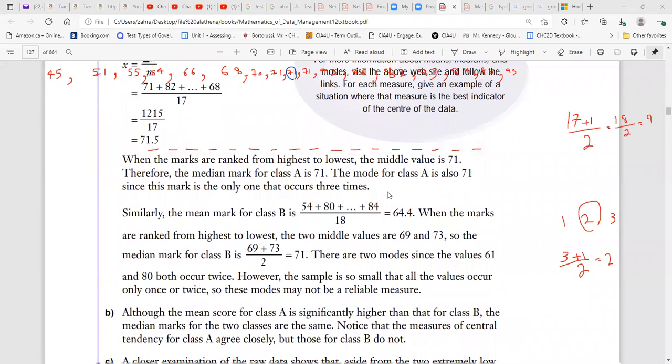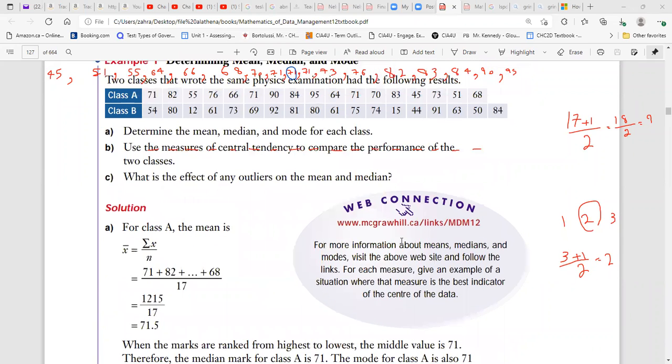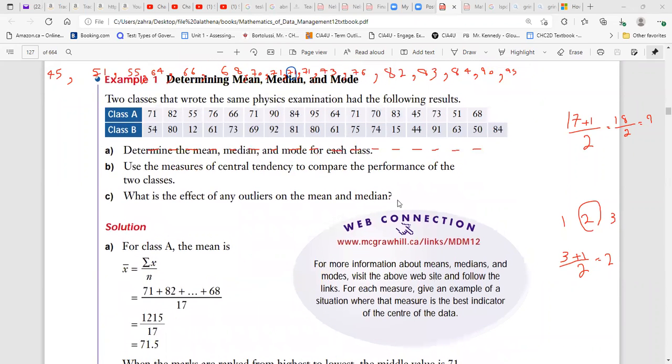I'm going to just check the answer. Here is for A. I have 69 here. Okay.